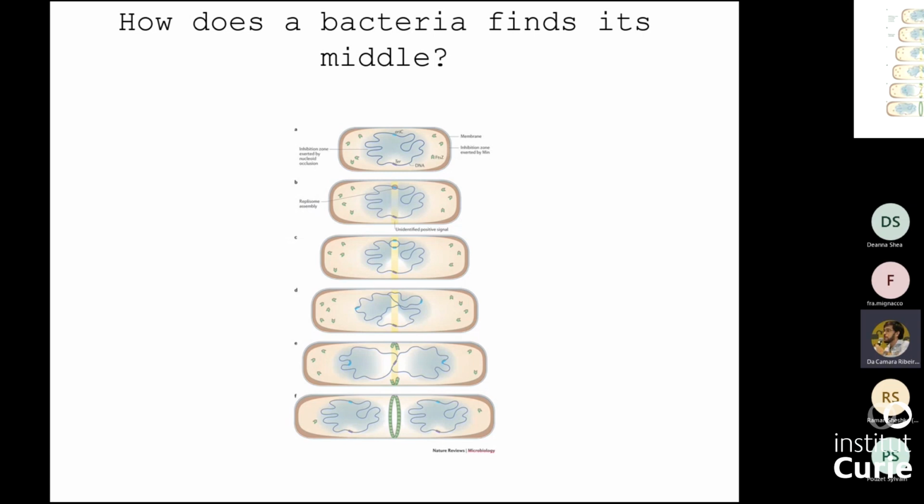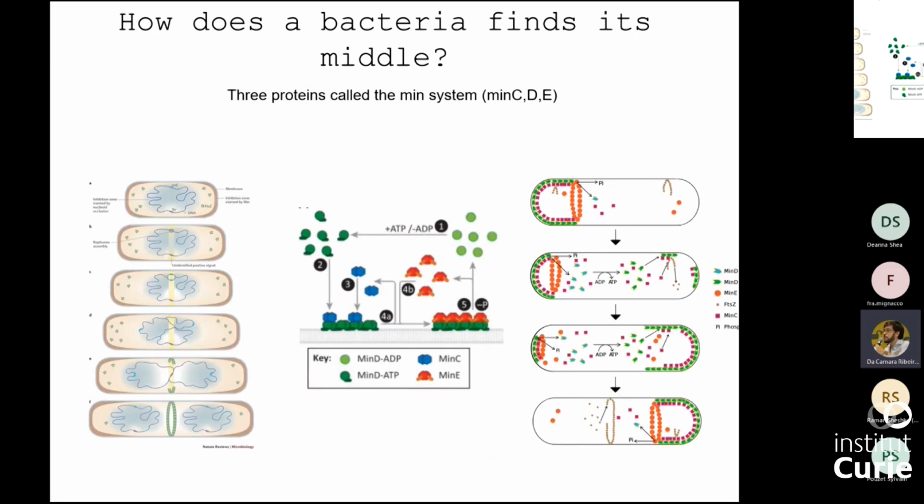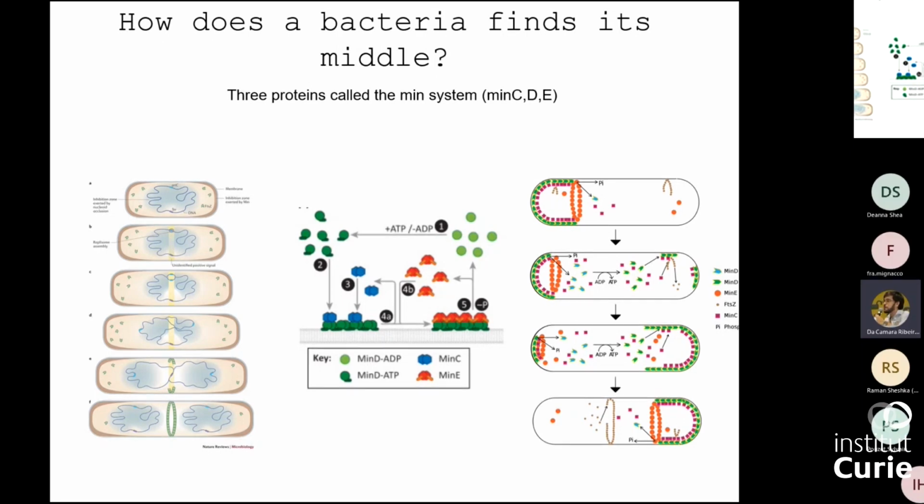Okay? So the question is, if you are a bacteria, again, a relatively simple bag of chemicals, how do you perform the computation that comes down to finding the middle of a segment, right? So this question was investigated for some time, and the discovery was again a small molecular network, which is called the Min system, and whose function is exactly that.